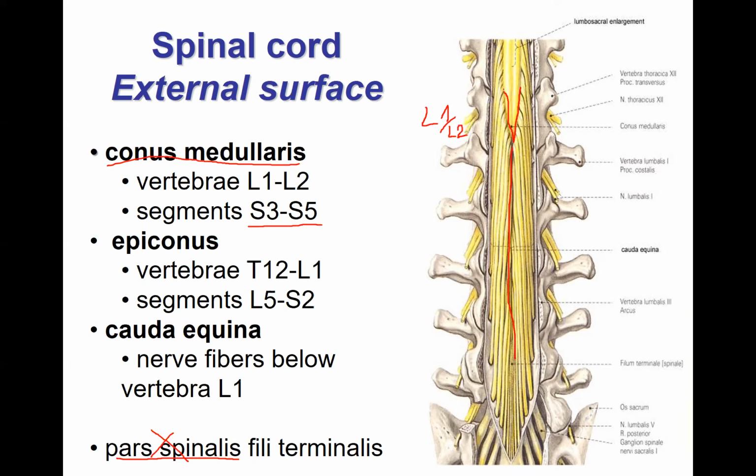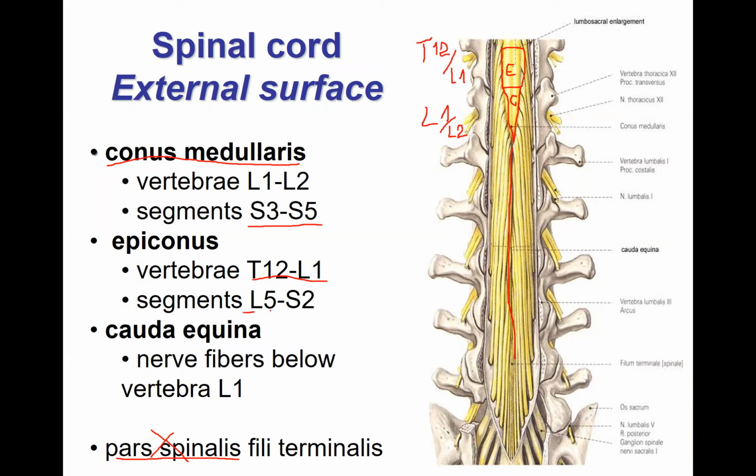And the area above: this is conus medullaris or cone, and this is called epicone. Epi, above. So epicone is a level above, vertebra T12 and the intervertebral disc T12, L1.